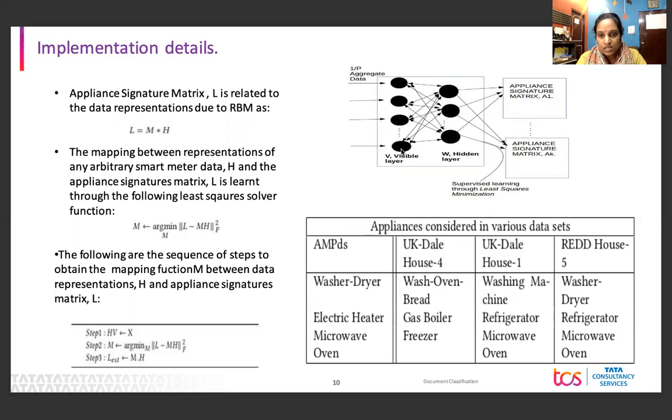We implement this framework on different data sets to check for its applicability across geographical contexts. And we also use the most commonly used appliances within that particular data set to see if it is generalizable across appliances as well.